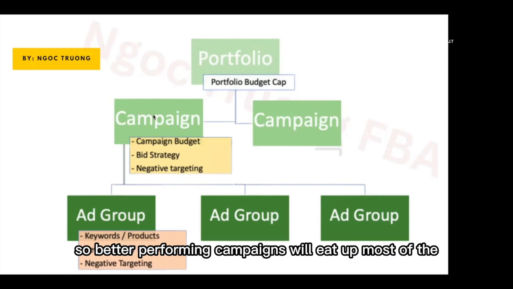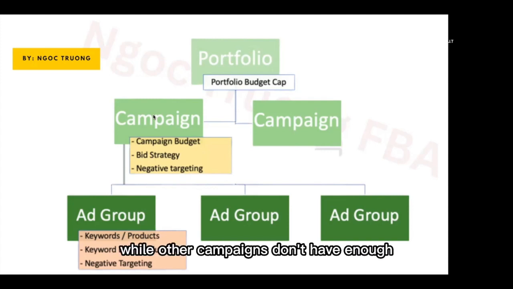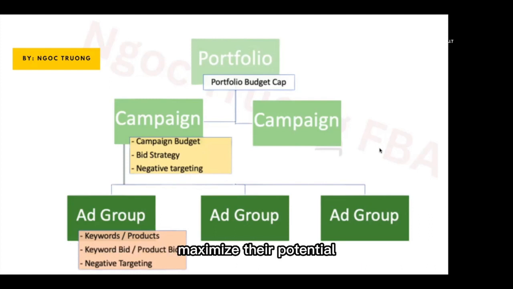So better performing campaigns will eat up most of the portfolio's budget, while other campaigns don't have enough budget room to operate. That means other campaigns don't have the opportunity to maximize their potential, right? That's why we usually set the individual budget for every campaign.